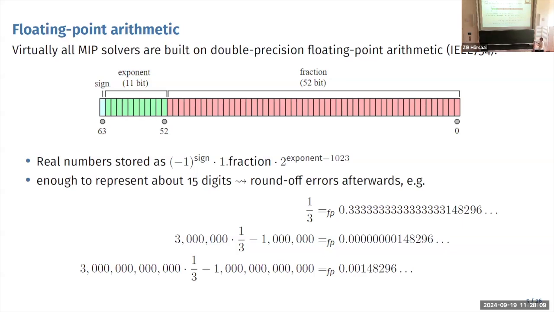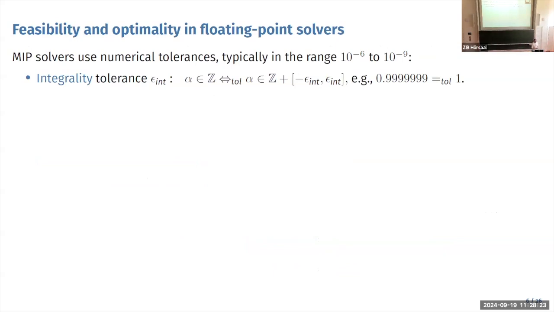And so MIP solvers use this floating point arithmetic, and in order to deal with the round-off errors that you have, you need to relax your definition of feasibility from exact feasibility to, well, some tolerance. And so there are different tolerances that MIP solvers use.